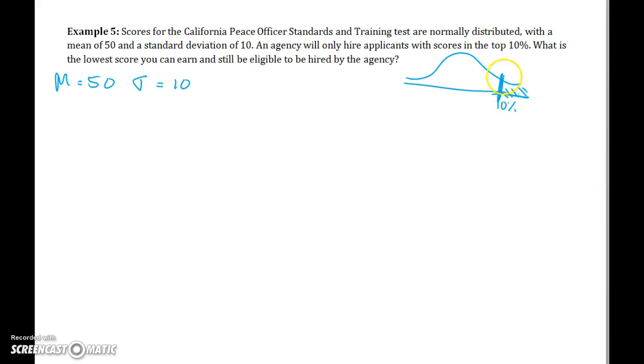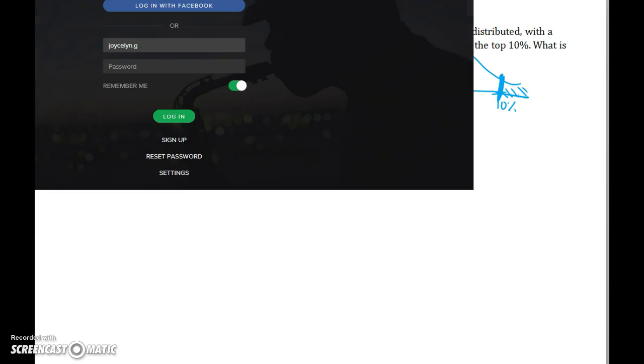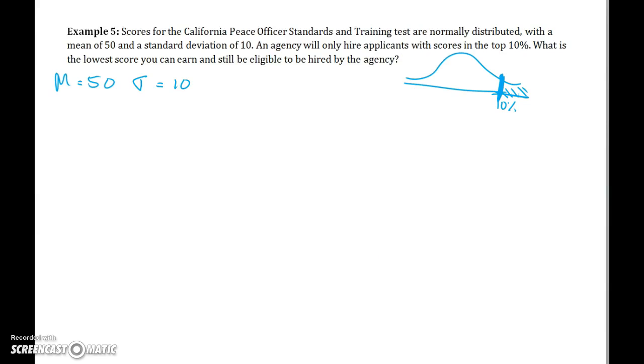So what is this value right here? Well, remember when we look this up, we want the area to the left of it because that's what our chart is going to give us. So I'm going to do my subtraction just to show you where I'm getting the 90th. 1 minus 0.1, so 90. I need 0.9 on that scale.